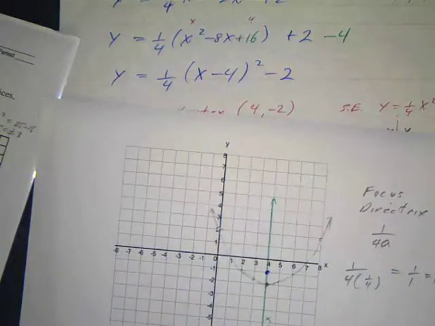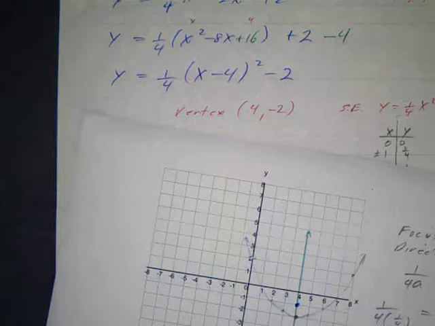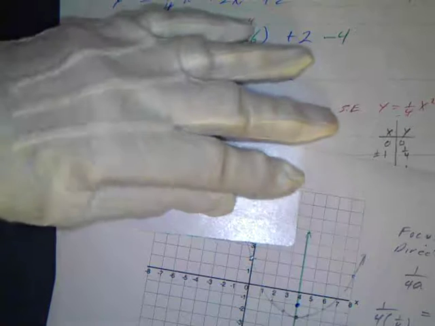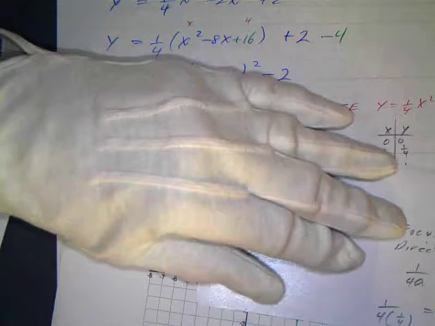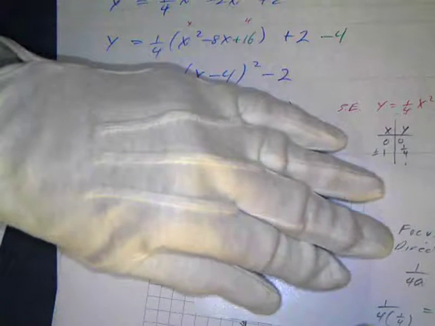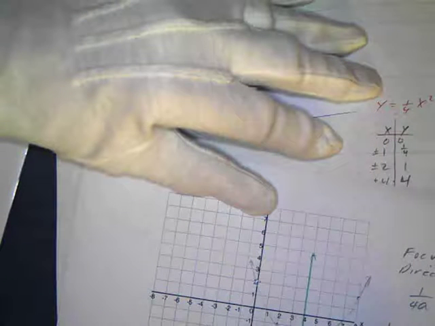And the directrix. And the directrix is a line that's perpendicular, but it goes 1 below. So there's the directrix, which is a line.